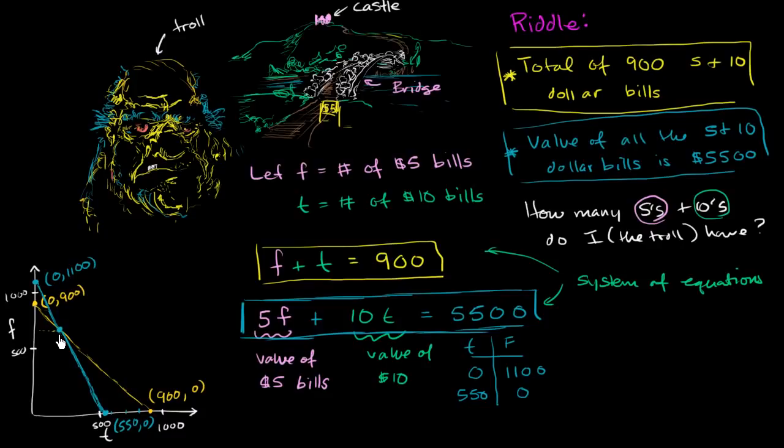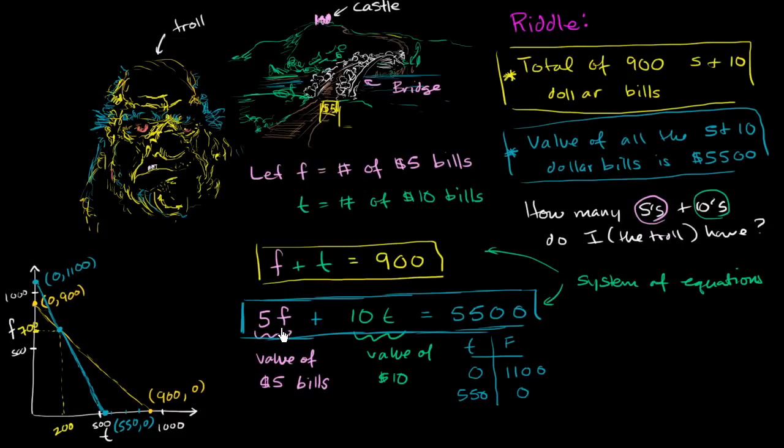Well, I'm going to eyeball it. If we look at it right over here, it looks like we have about 700 5s, and it looks like we have about 200 10s. This is based on my really rough graph, but let's see if that worked. 700 plus 200 is equal to 900.